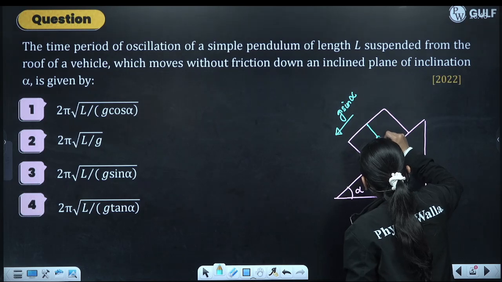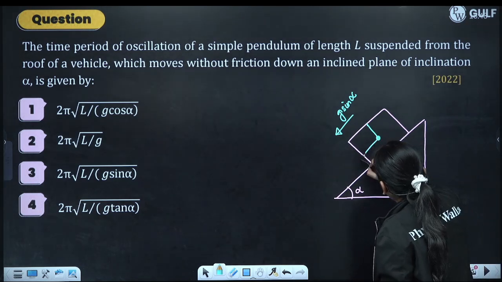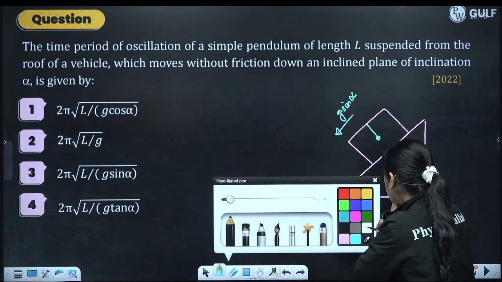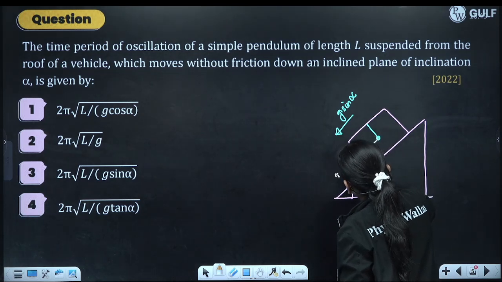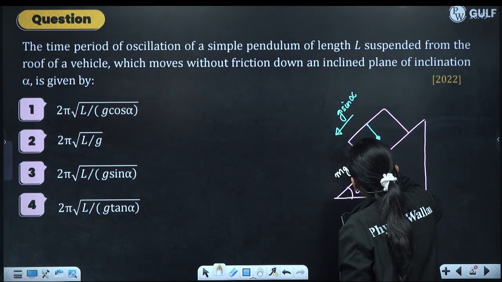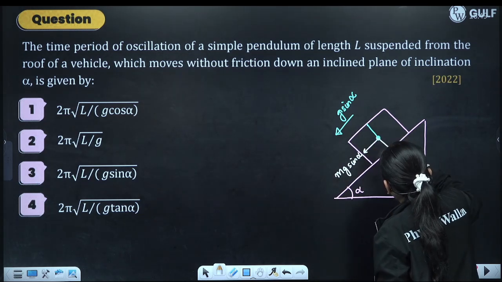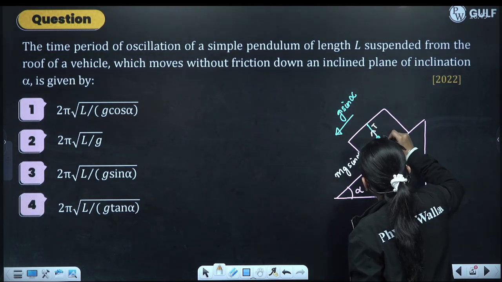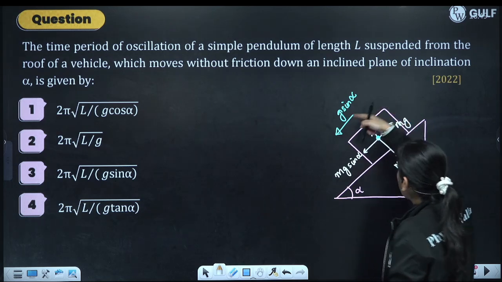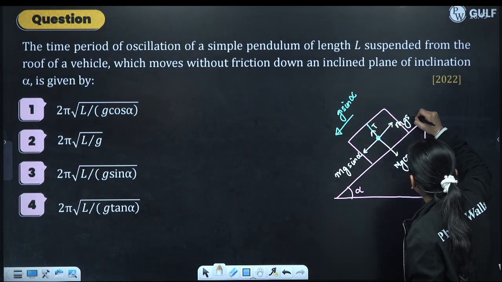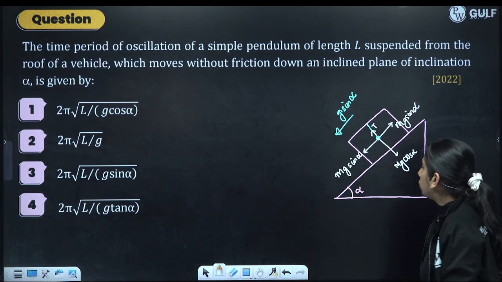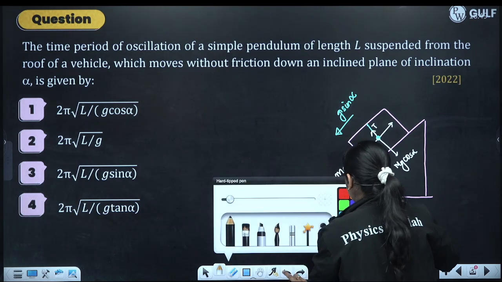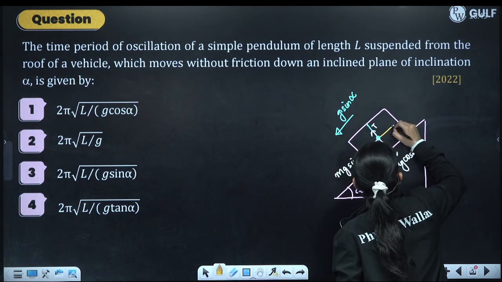If a pendulum is hung from it, the mass of the pendulum is m. Let us draw the forces acting on the pendulum. mg sin alpha will act downwards and mg cos alpha like this, and T tension upwards, and a pseudo force, because it is an accelerating frame of reference, a pseudo force m into a will be acting backwards.